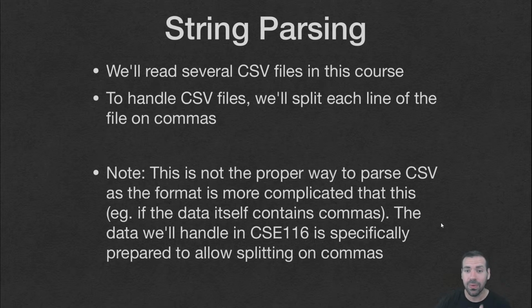So out there in the real world, if I see any of you just splitting on commas on real world data, I'm going to get mad, but I'm going to get mad at myself for showing you the wrong way. The proper way to parse CSV is a little more complicated. The issue is, what if the data that you're storing in CSV format itself contains a comma, what do you do?